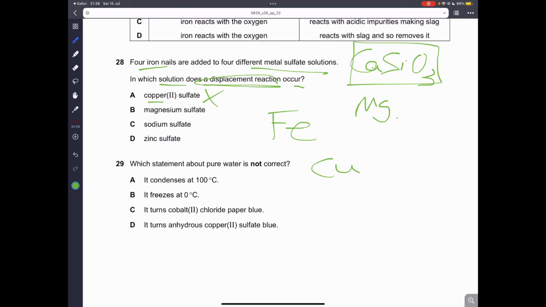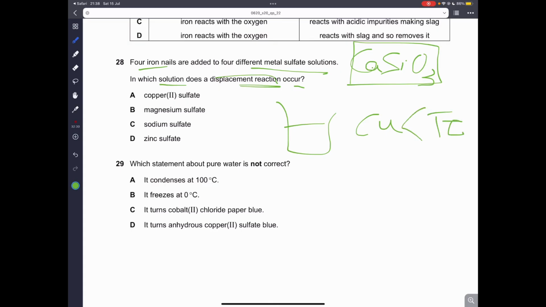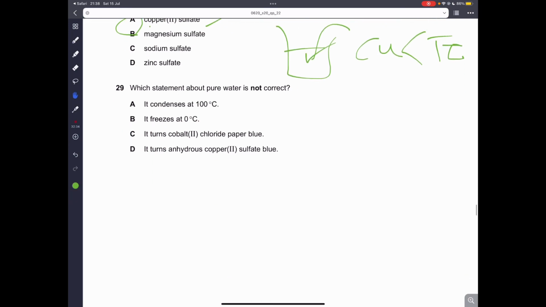Sodium and zinc as well, they are higher than Fe, so they can displace iron from its solution. But in this case, it is the solution. We are going to put iron nails inside the solution, and therefore copper, since copper is less reactive than iron, the iron nails are going to displace copper from its solution. Therefore A is the correct answer.